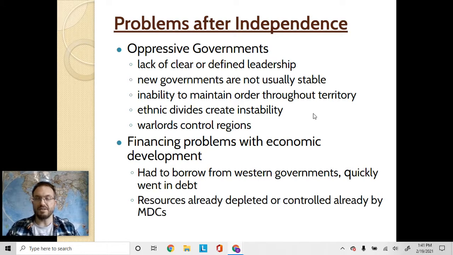Plus, a lot of places already had their resources depleted or controlled by MDCs, remember, more developed countries. Again, a lot of these earlier imperial powers already control a lot of the resources. Say, for instance, in Mongolia, I know it's not in Africa, but it gives you a good idea of how it's throughout the world. Mongolia has basically the corner on rare earth minerals.